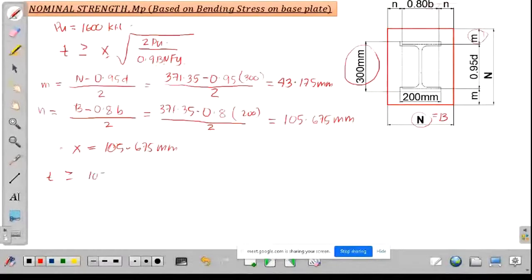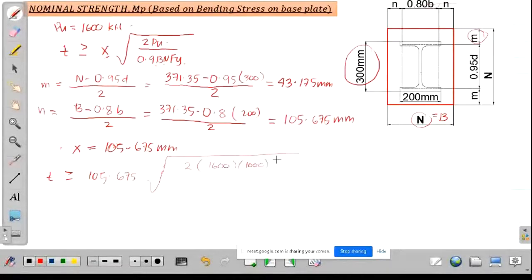So we just have to substitute value dito sa ating t. Okay? So that is, so pag-solve ito, that is 105.675 with square root of, in mm tayo, 2 PU, that is 1,600 times 1,000.